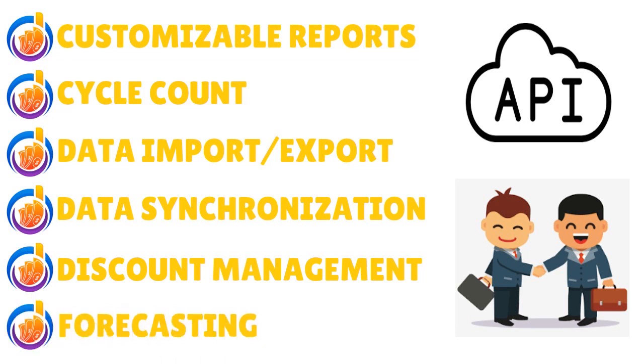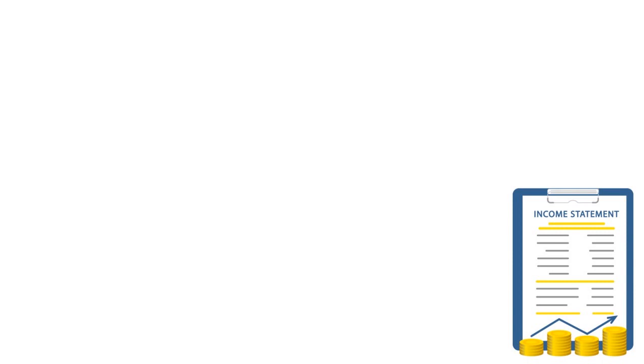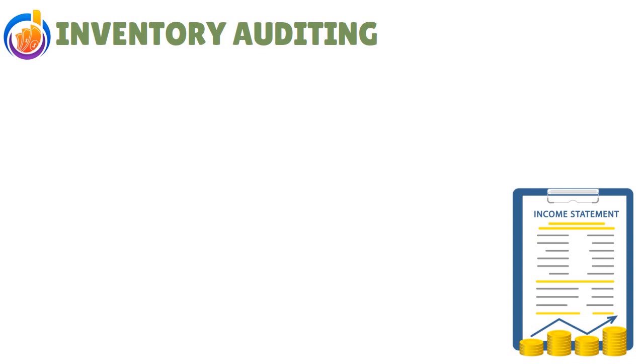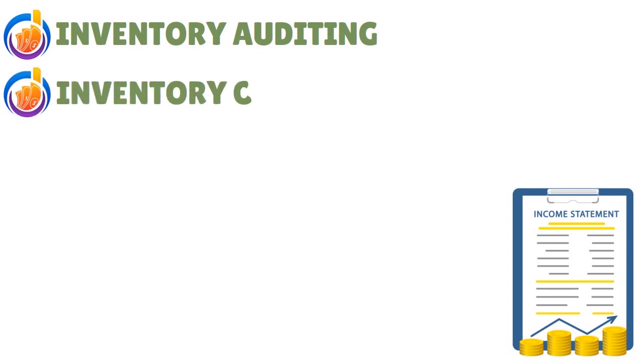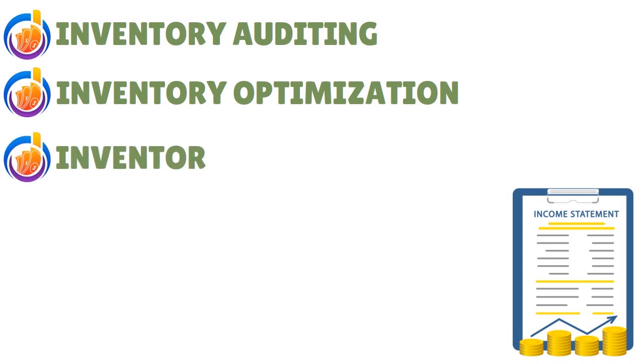You have forecasting. Forecasting goes back to what I said earlier about cost of goods sold, about the balance sheet, about the income statement. You have all kinds of activities, all kinds of features, all kinds of modules that revolve around inventory. So you have inventory auditing, inventory control, inventory management, inventory optimization, inventory replenishment, and inventory tracking.